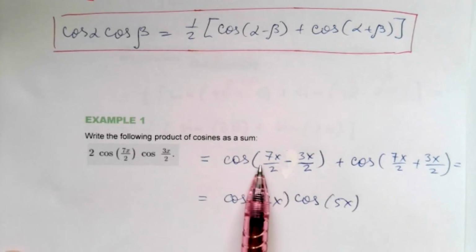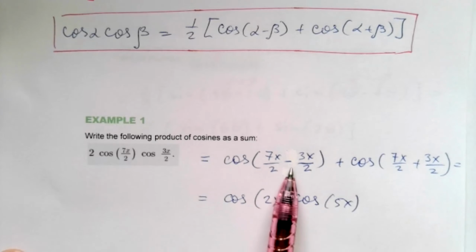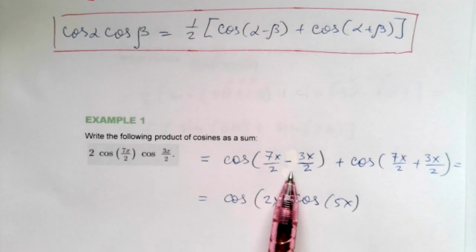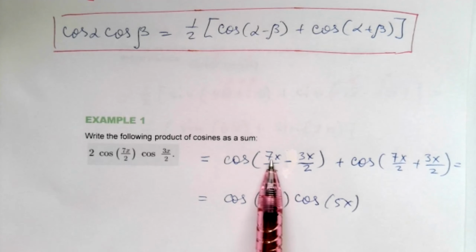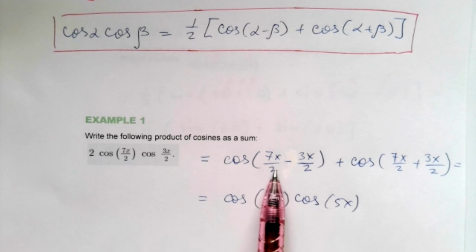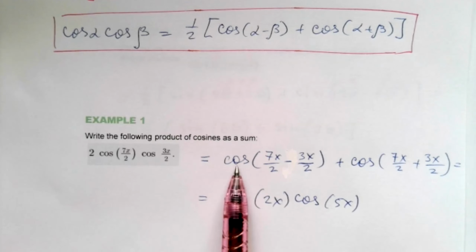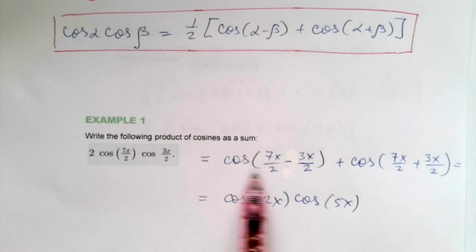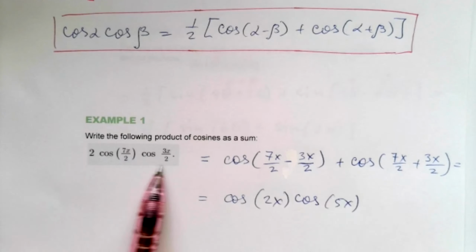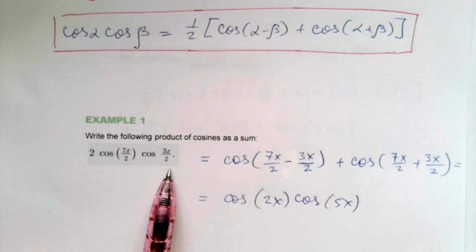So even if we did this subtraction in a different direction, like 3x minus 4x, divided by 2, that would give us 3x over 2 minus 7x over 2, that would give us negative 4x over 2 or negative 2x. But because the cosine is an even function, that negative would be absorbed. So in this situation, it doesn't really matter which one is alpha, which one is beta. But you could just keep it consistent, just make the first one alpha, the second one beta.